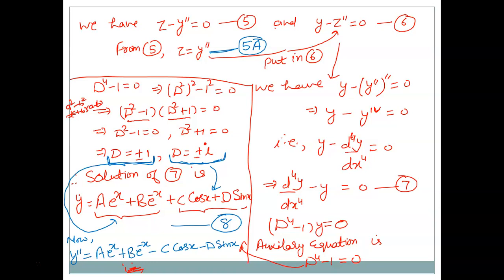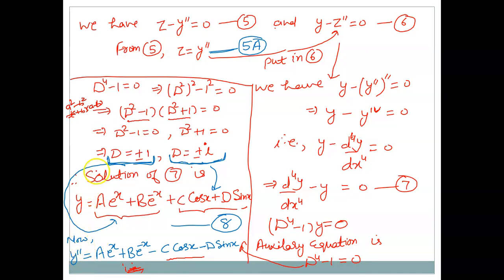We also need to find the value of function z. So how to find it? Since y is there, now if we differentiate it two times, we get y double dash. If we differentiate this right hand side two times, we get this type of equation. Now we have obtained the value of y double dash. Why are we obtaining the value of y double dash?